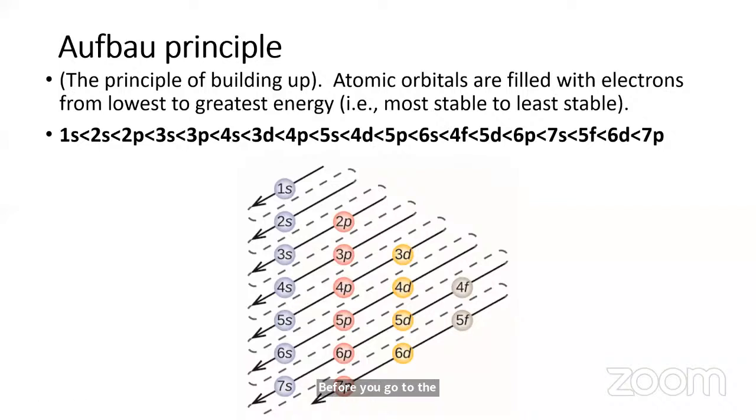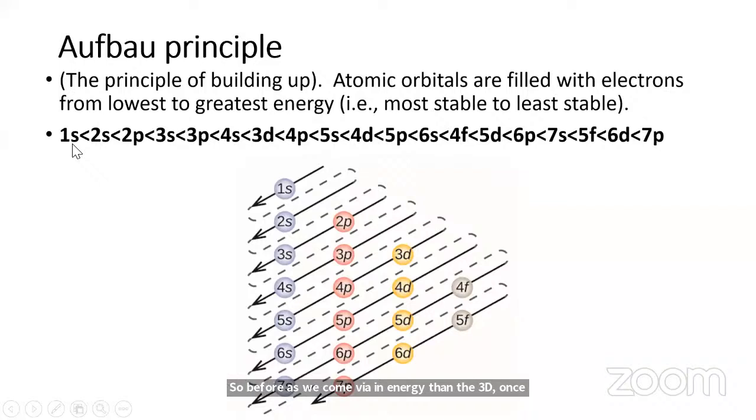Once you put one electron in the 3d orbital, the energy of the 3d orbital becomes lower than the 4s. And as such, in removing electrons, electrons are removed from the orbital that has the higher energy, the 4s, before the 3d. So the 4s becomes higher in energy than the 3d once electrons are filled there.